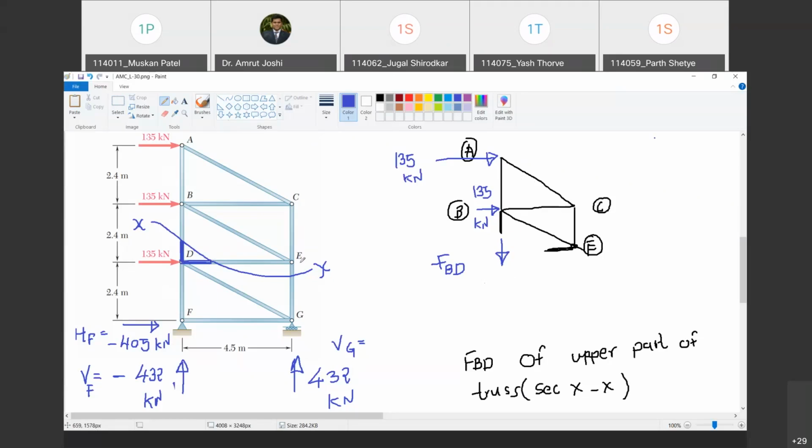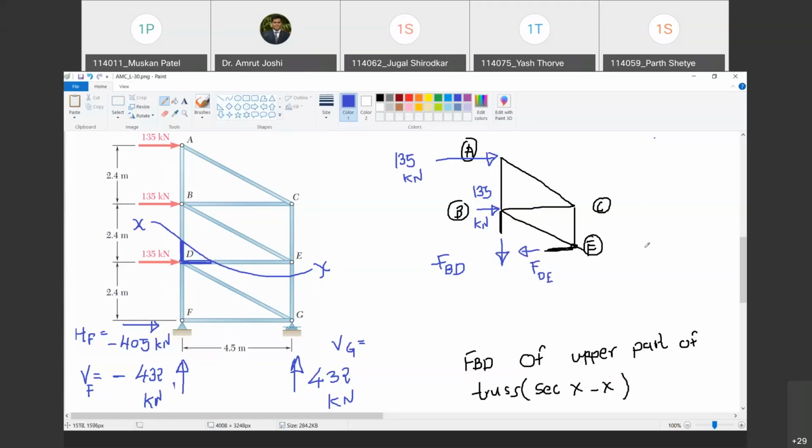So what must that part be doing on the right hand part of member DE? I have to show a tensile force. It must be pulling. I'm assuming that it is subjected to tension. So this left hand side part must be pulling the right hand side part of the section, and therefore I am going to show it in this fashion. Do you agree with me? Yes, sir. And I'm going to call this the force in member DE. Happy? Yes, sir.